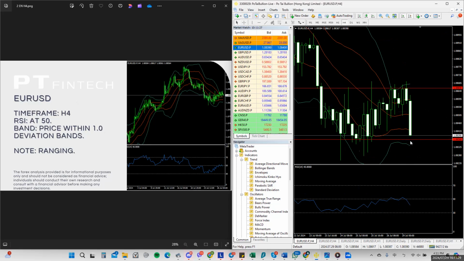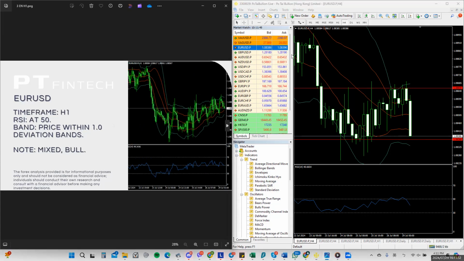If it actually breaks below this, then most likely more people are going to jump into sells and start shorting. But if the prices just start bouncing back up from here, then we're confirmed we're stuck in a ranging market. It's best to trade in between the 1.0 deviation bands.